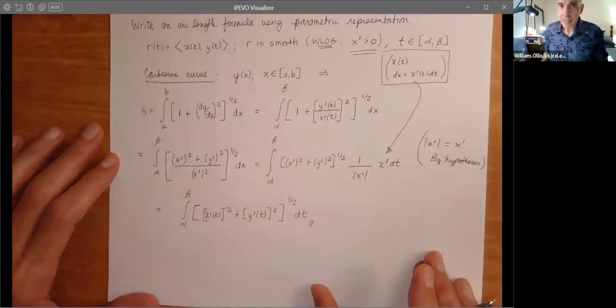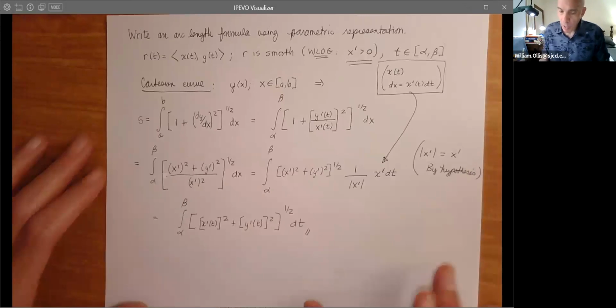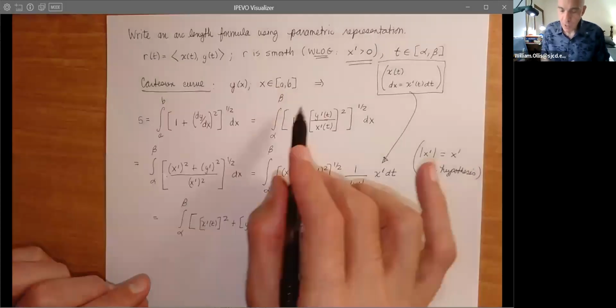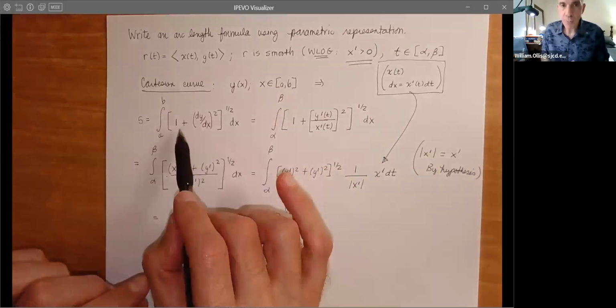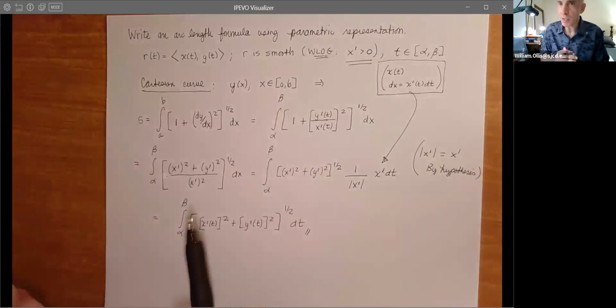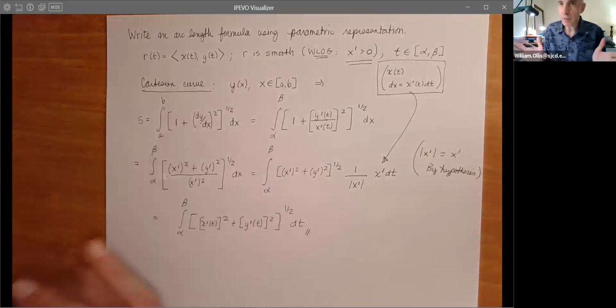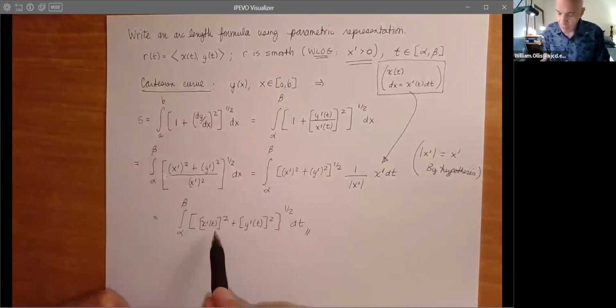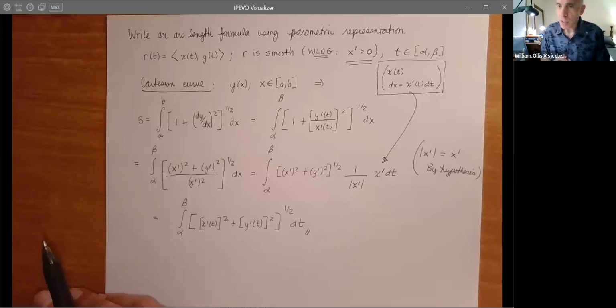So the idea here is that we reframe the standard 1 plus y prime squared now in terms of parametric. And so you get really a formula that can be extended to 3 dimensions and more, if you just want to live in 4 space. But basically, you get the Pythagorean deal with the parametric coordinate functions.